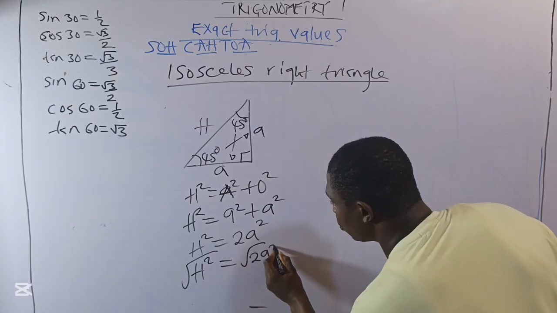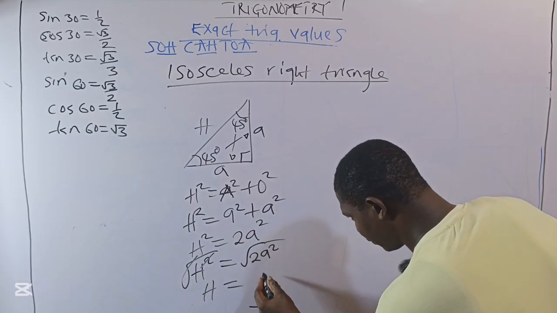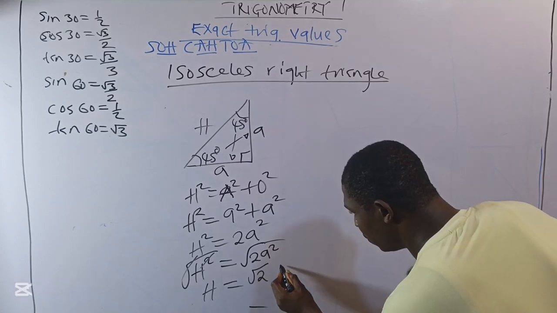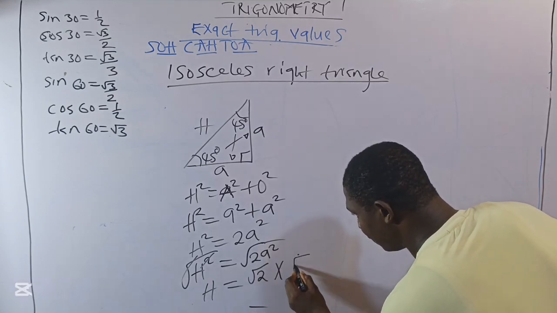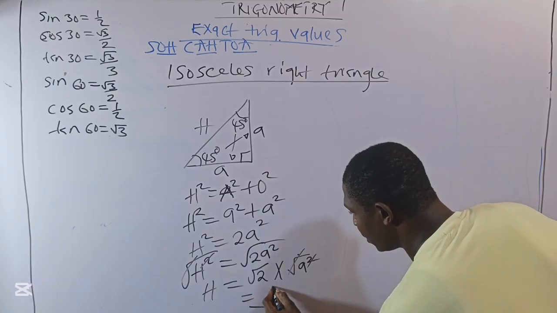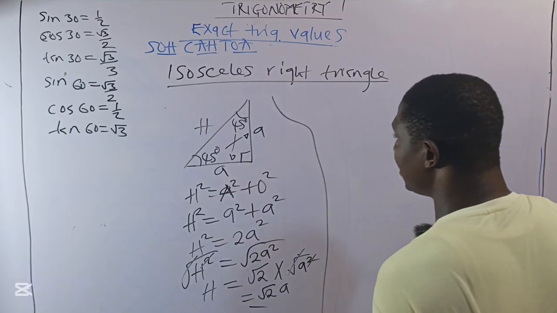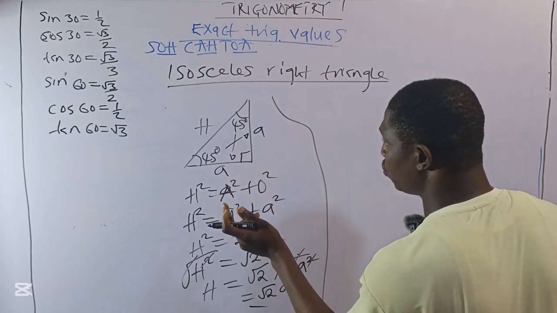And h, if I take the square roots, I'll have square root of h square equal to square root of 2a square. So this can cancel this, and I'll have h equal to, this can be written as root 2 times root a square. And square will cancel square root. And my final answer will be root 2 a. So for simplicity, I can simply say let a be equal to 1.